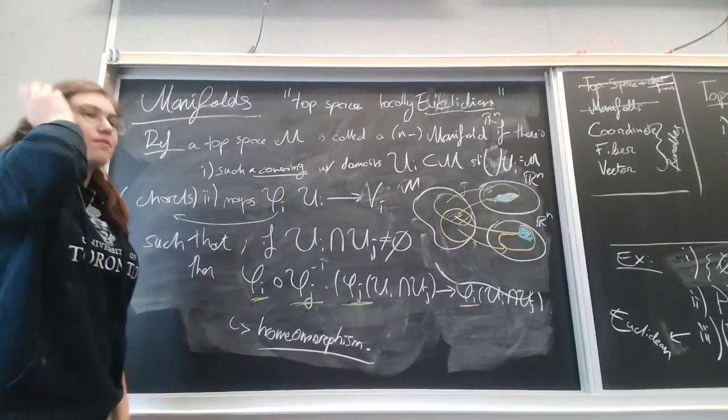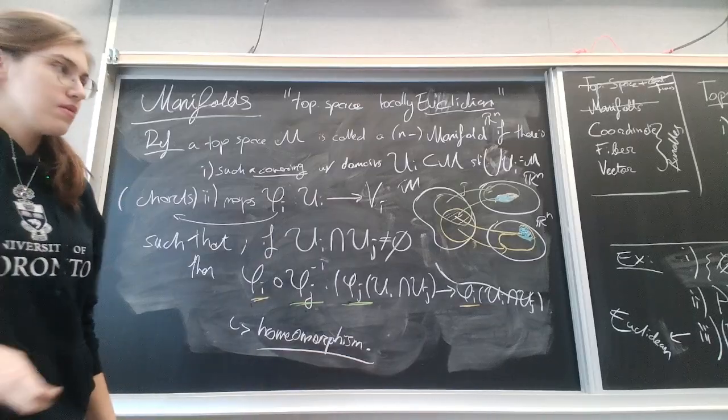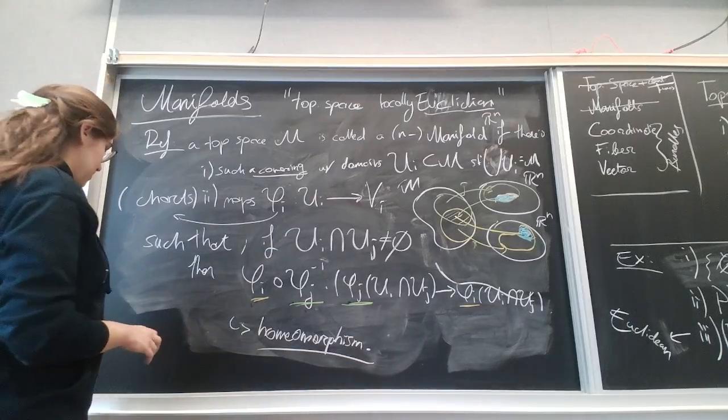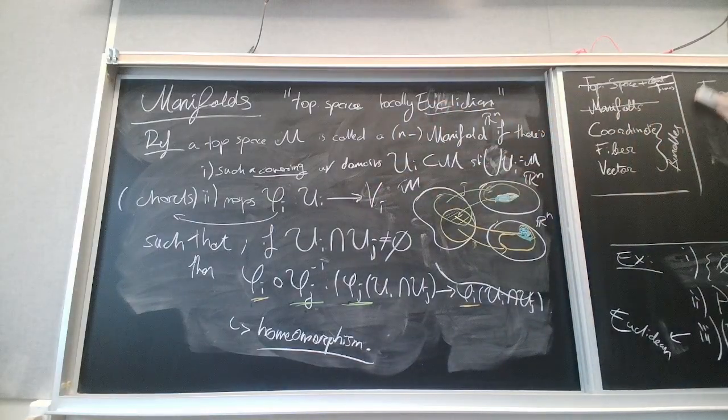Not necessarily. So the idea is I have some space that has a topology, and then I can separately give it coordinate charts. So for example, if I have a sphere that has some topology that you can take from R3, then I can separately give it, say, two charts, U1 and U2: the stereographic projection from the top, and the stereographic projection from the bottom.